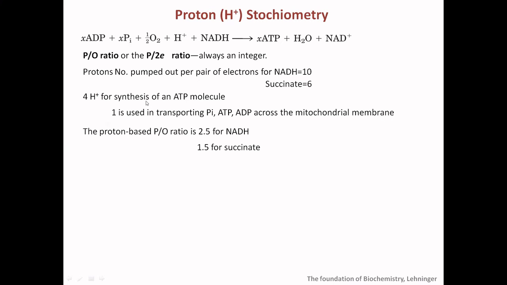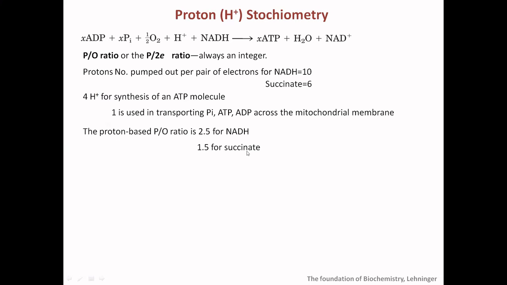So 4 protons are needed for the synthesis of an ATP molecule, 3 for the ATP synthase and 1 for transporting the inorganic phosphate and ATP across the mitochondrial membrane. So the proton-based P/O ratio for NADH is 2.5 and for succinate is 1.5. How? 10/4 equals 2.5, 6/4 equals 1.5.